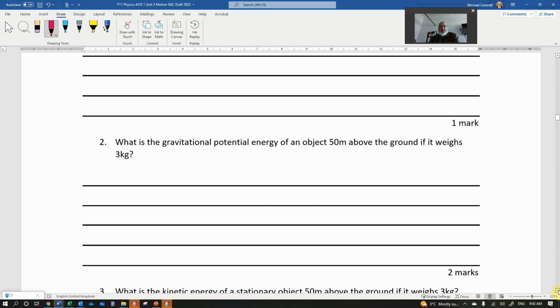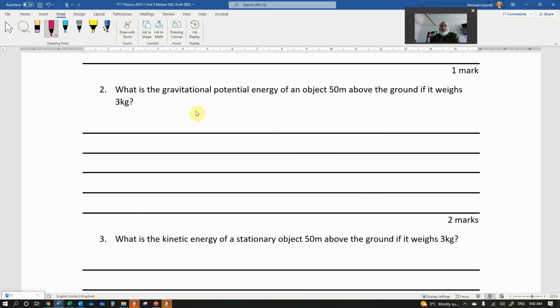Next one, what's the gravitational potential energy of an object 50 metres above the ground if it weighs 3 kilos? So gravitational potential energy equals mgh. So mass was 3. Gravity is 9.8 metres per second squared times by our 50 for our height.